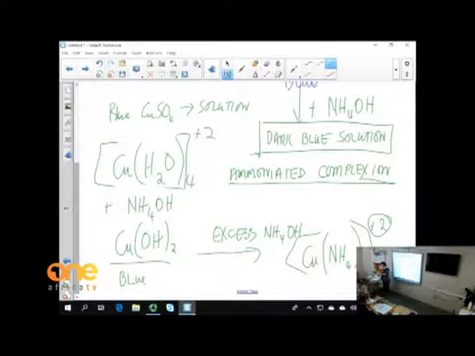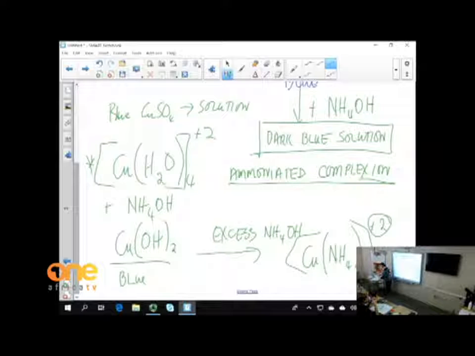Now, this blue liquid that we had was the hydrated copper ion. The formula for the hydrated copper ion is that one. That's the hydrated copper complex. You must know that.